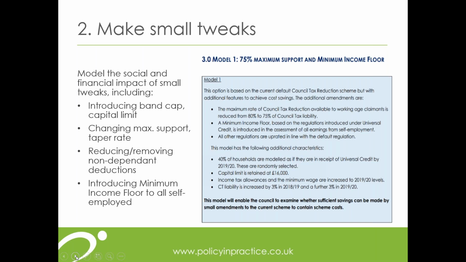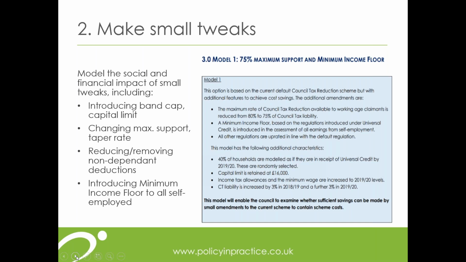In Barnet's case for Model 1, as you can see in the picture to the right, we modelled reducing the maximum council tax reduction level from 80% to 75%, and introduced the minimum income floor for both universal credit and legacy benefit claimants, while the rest of the scheme was retained.